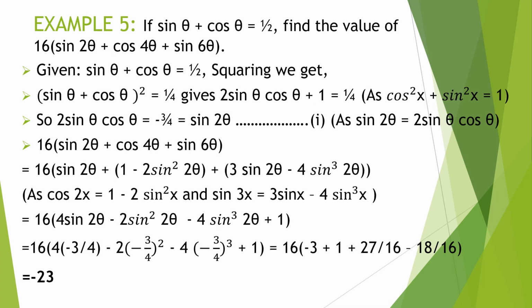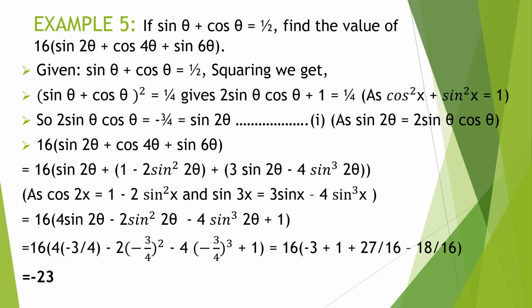Example 5. If sin theta plus cos theta is equal to half, find the value of 16 into sin 2 theta plus cos 4 theta plus sin 6 theta. Now since sin theta plus cos theta is given and we have the identity sin square plus cos square is equal to 1, we should get an idea that we have to square both the sides. So (sin theta plus cos theta) whole square is equal to half square, which is 1 by 4.